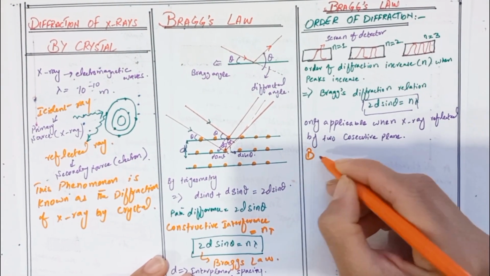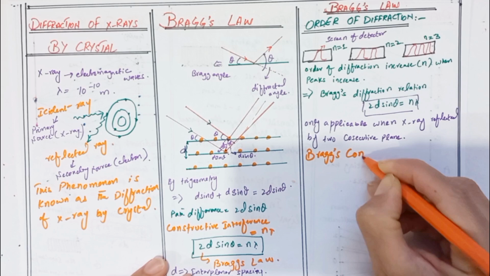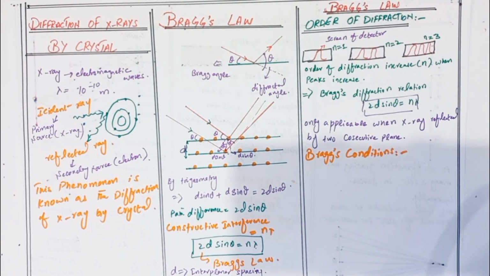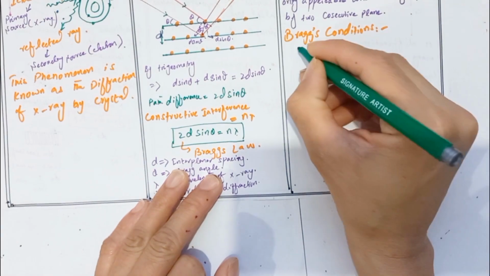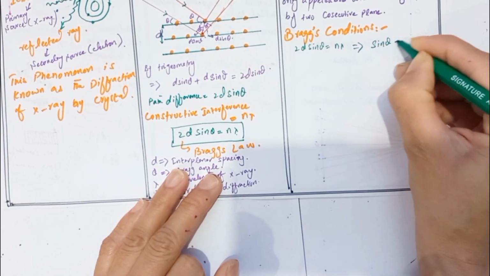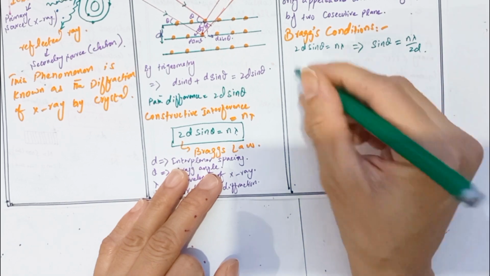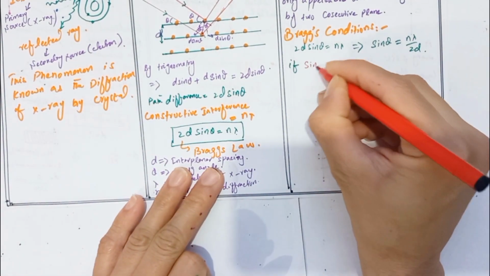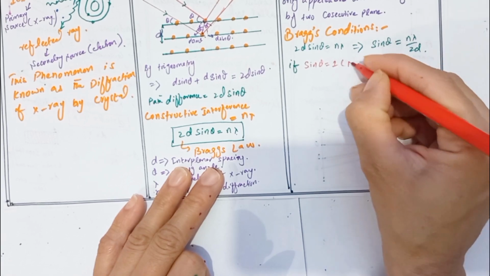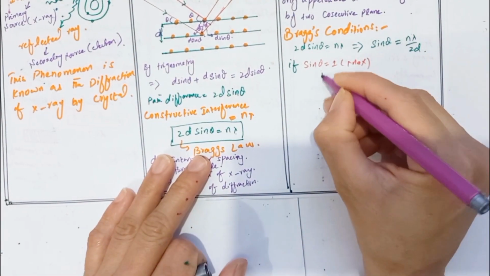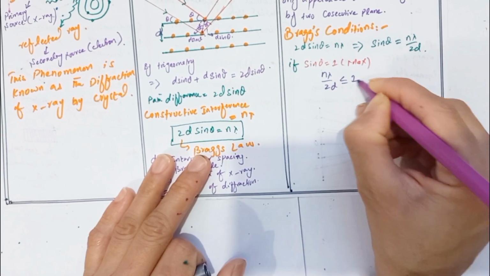Here we discuss the Bragg's conditions. We know the Bragg formula 2d sine theta is equal to n lambda, so we write sine theta is equal to n lambda over 2d. The maximum value of sine theta is 1, so n lambda over 2d is less than or equal to 1.